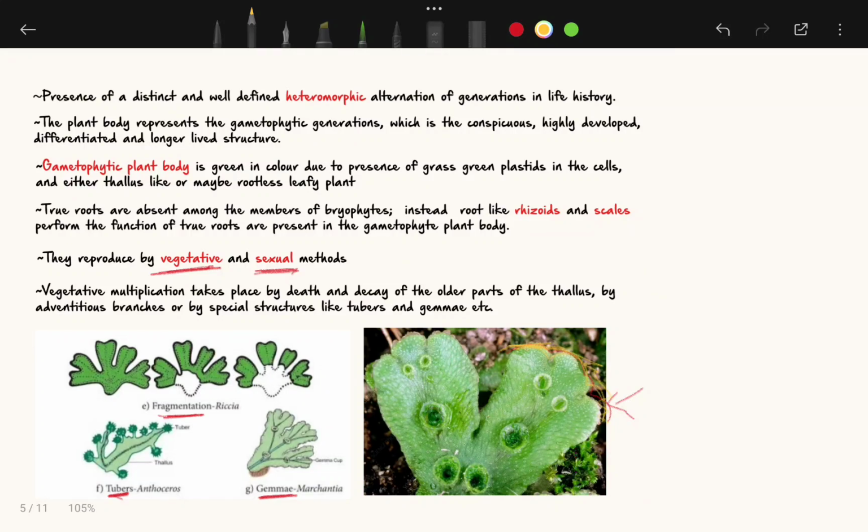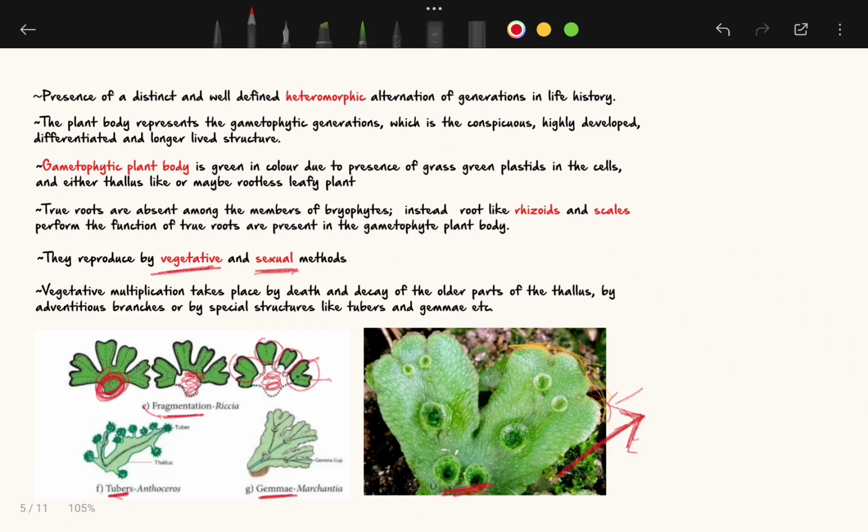is known as the apical region of the plant, so the plant body will grow in this direction. As the plant grows in this direction, this older part of the plant will start to die and decay, and over time the plant body will separate, and each part will give rise to a new plant body.